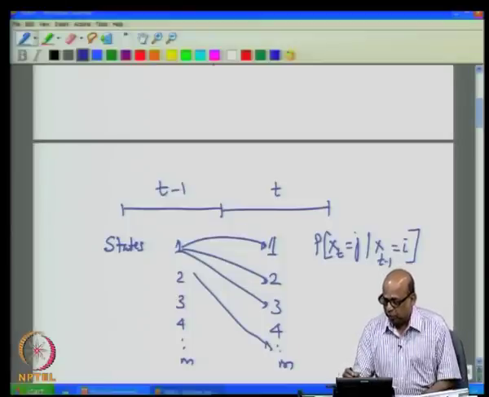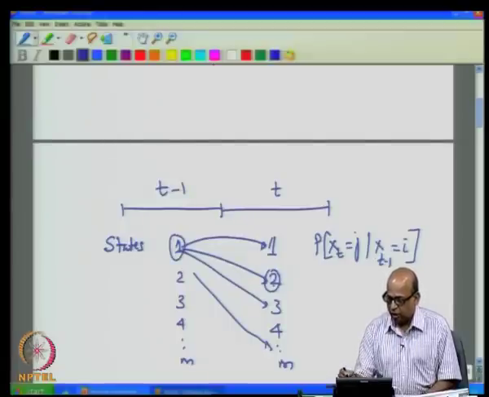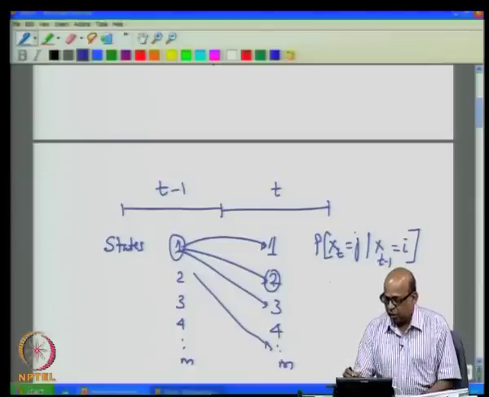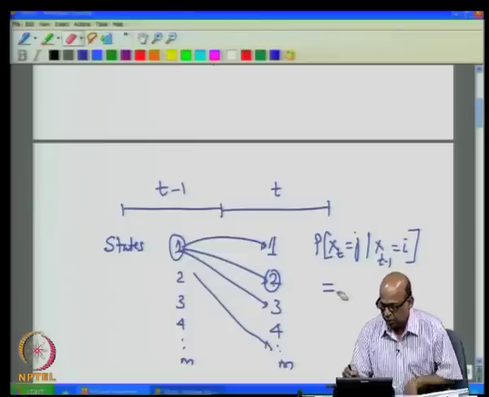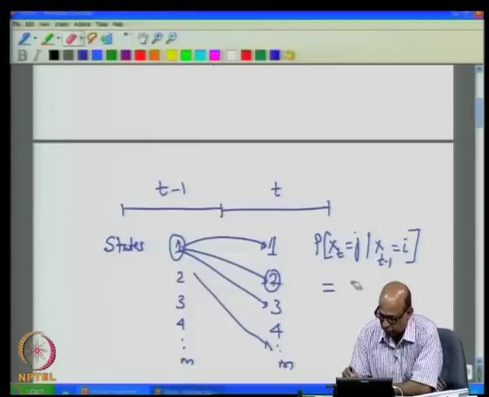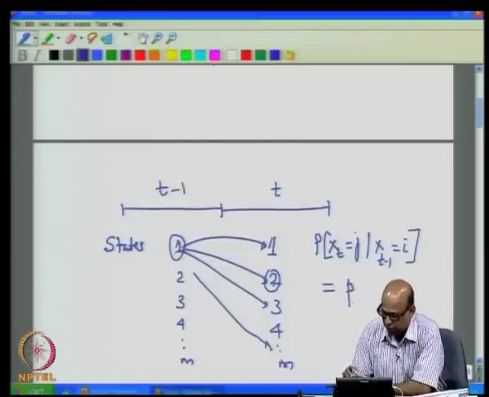This probability that it goes into a particular class interval j, for example 2, given that in the previous time period it was in a particular class interval i, let us say 1, is denoted as p i j t. Let me write that more clearly. This is p i j t, and that is called the transition probability.